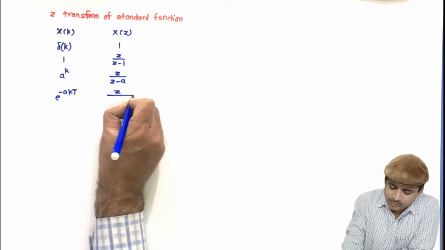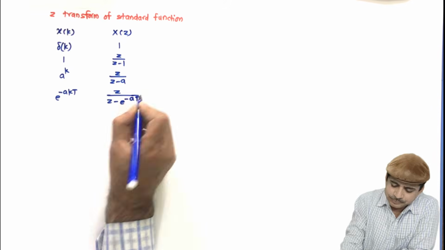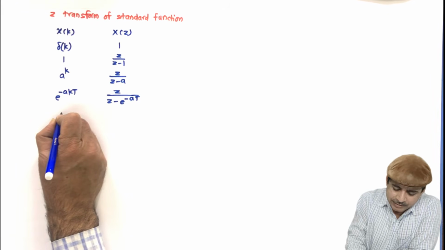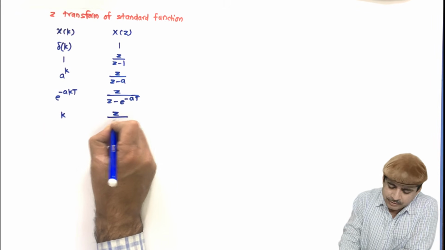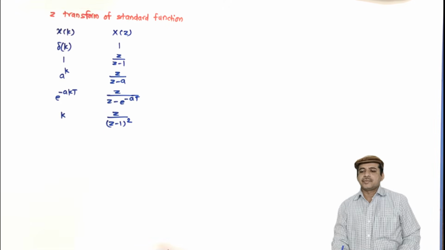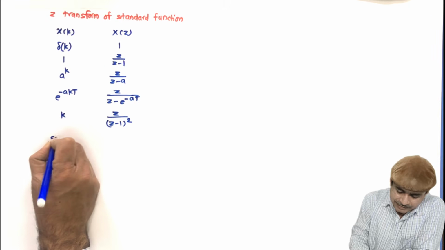So this will be z upon z minus e raised to minus aT. Then for a ramp function I will get here k, and for that it is z upon z minus 1 whole square. Then another standard signal is sin akT.